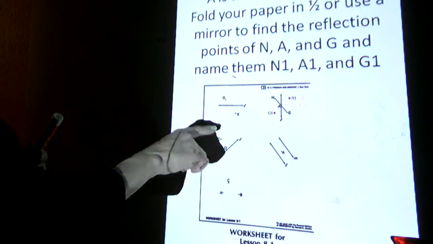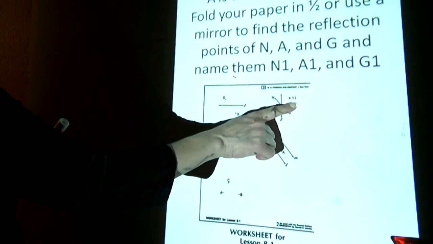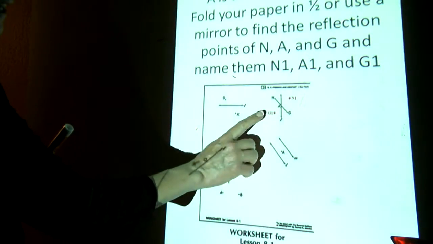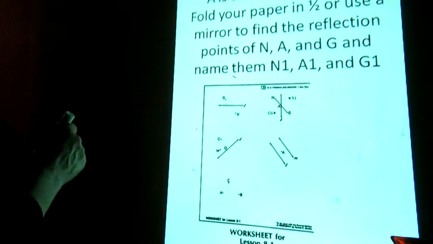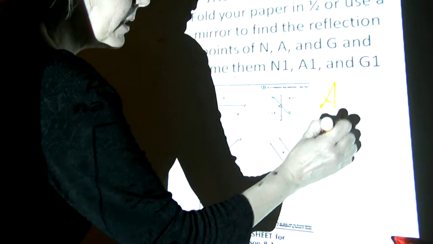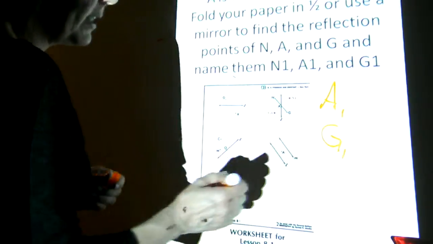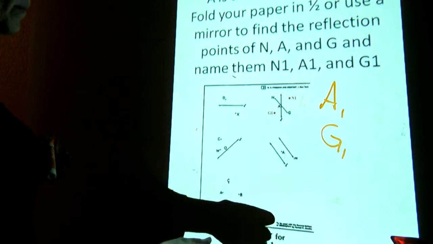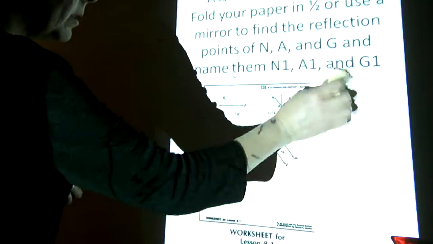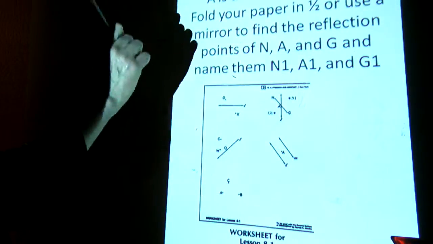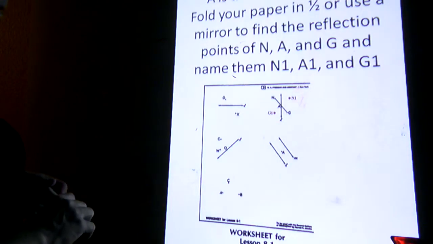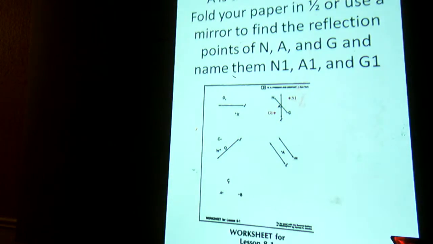And then G, and then you're going to name them A1, and then G1. And remember, A1 looks like that, and G1 looks like that, right? So that's all they say to do for that.